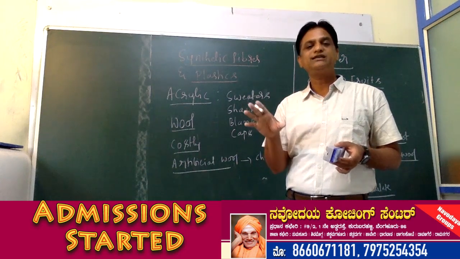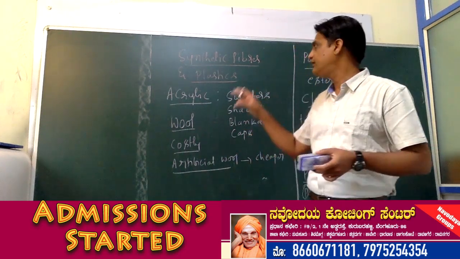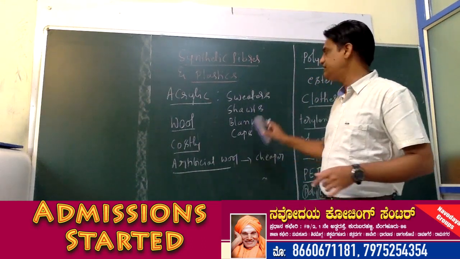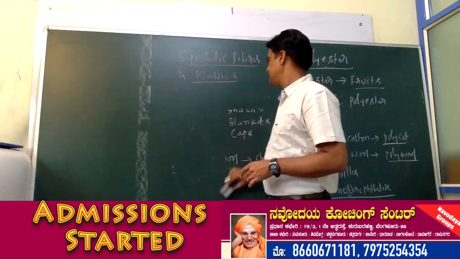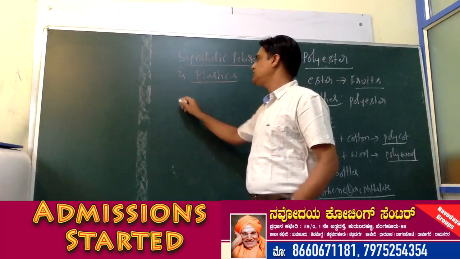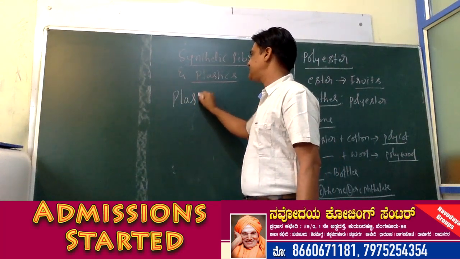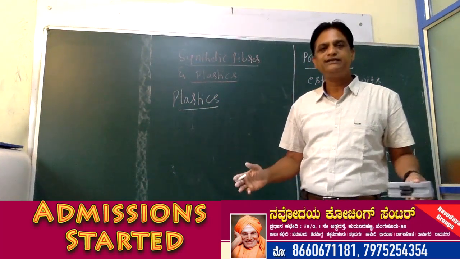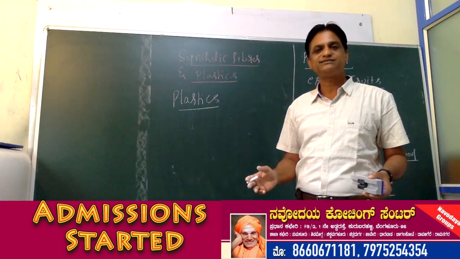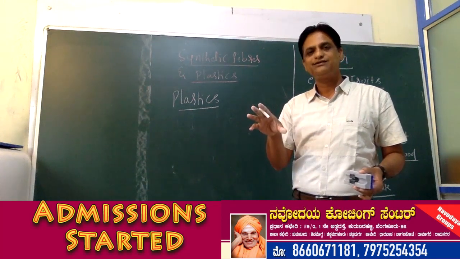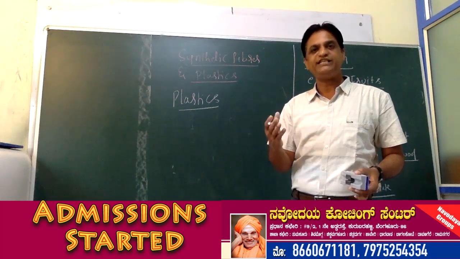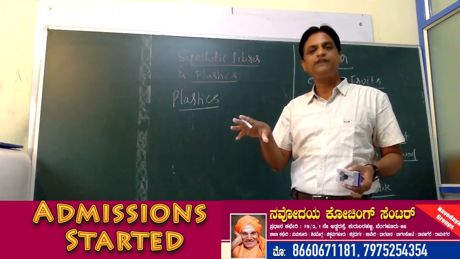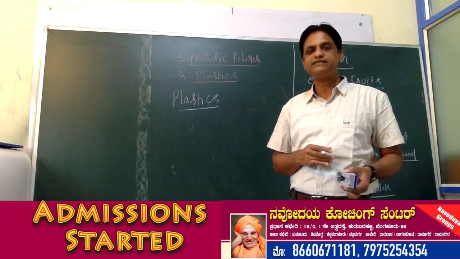Okay. So these are the important points to remember about synthetic fibers. See, like synthetic fibers, we are also using plastics. Okay. So now we are in the age of plastics. I think you have learnt about the Stone Age. It is the period where stones were more frequently used for different purposes.